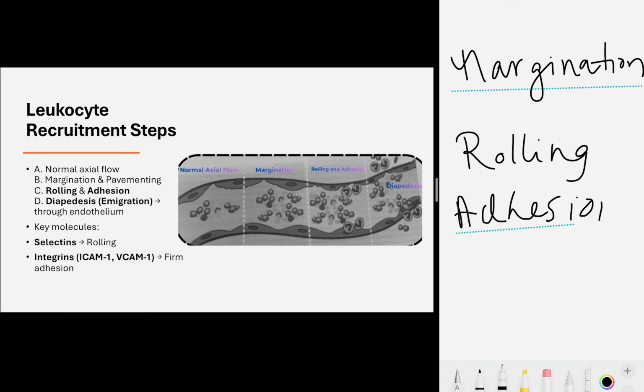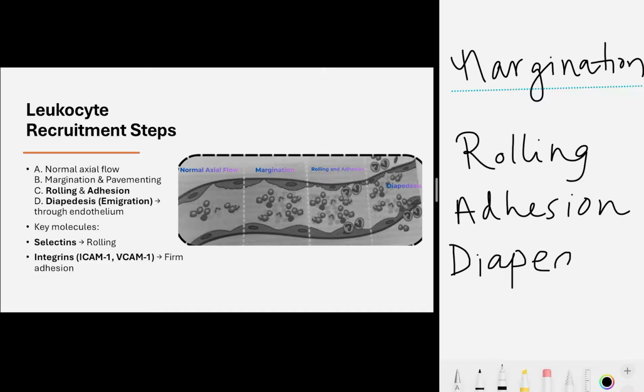The leukocytes then undergo diapedesis, squeezing between endothelial cells into the interstitial tissue. Finally, they migrate toward the site of injury by following chemical cues. This highly regulated process ensures that leukocytes reach exactly where they are needed.